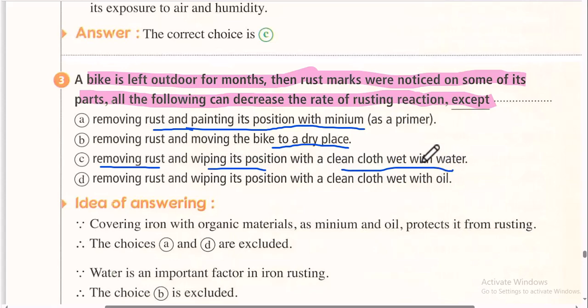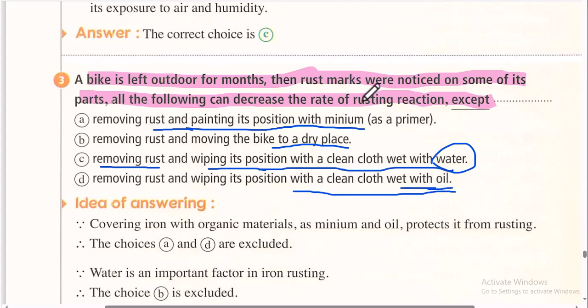Wet with water means water includes ions, and oxygen from air, so it will enhance the forming of local galvanic cells, which makes the corrosion process faster. D, removing rust and wiping its position with a clean cloth wetted with oil. Oil is not dissolved in water, so it will protect to some extent. There are no galvanic cells for a short time, but it is a kind of preservation to paint it or wipe it with a cloth wetted with oil.